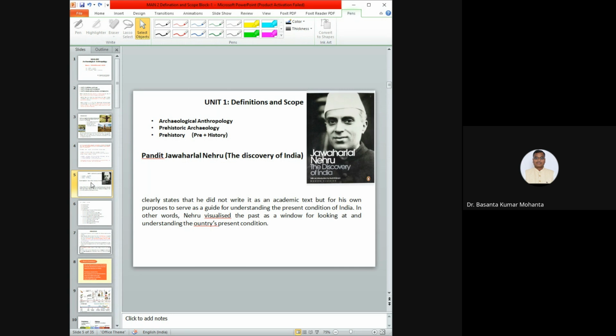In other words, Nehru visualized the past as a window for understanding the country's present situation. From this statement of Nehru, it is very clear that to understand our present condition, our present material culture, we must have some knowledge of our past.